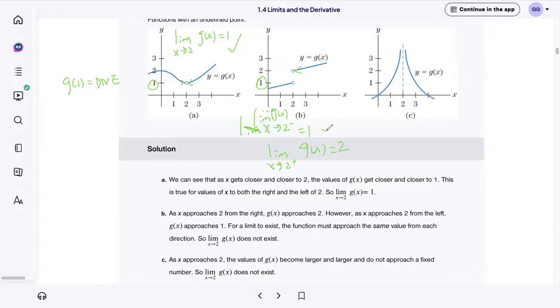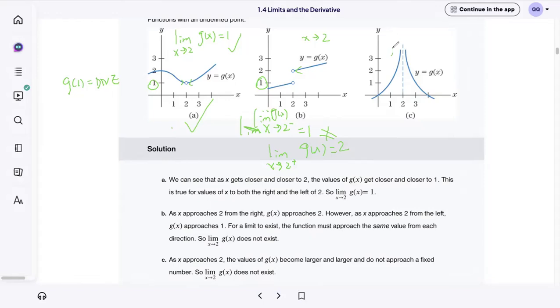So those two, of course, do not equal each other. So that's why limit when x approaches 2 does not exist. The limit exists only when they meet, like the first case, right? The limit exists because they're both heading, from left-hand side, from right-hand side, to the same spot.